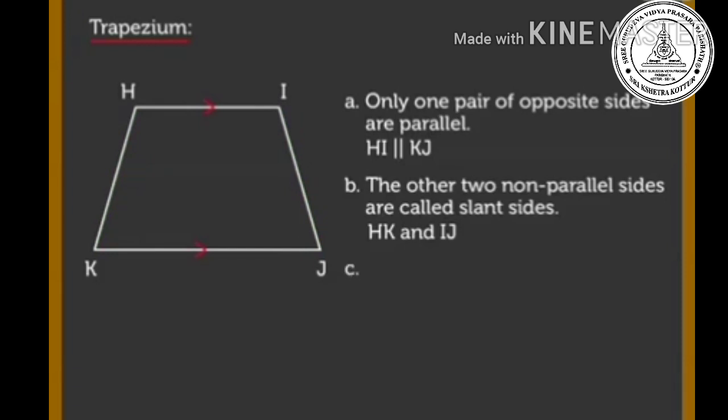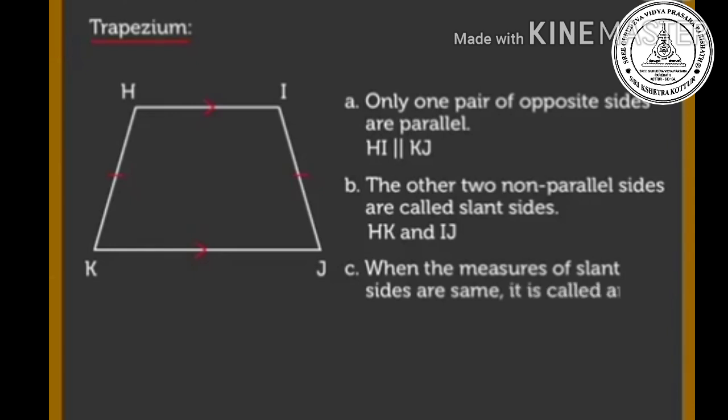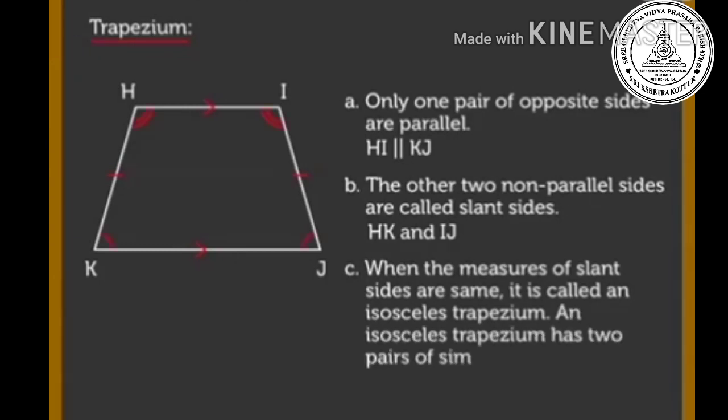C. Here, the measures of slant sides are the same, thus it is called an isosceles trapezium. An isosceles trapezium has two pairs of similar angles. Here, angles H and I, and angles K and J are the two pairs of similar angles.